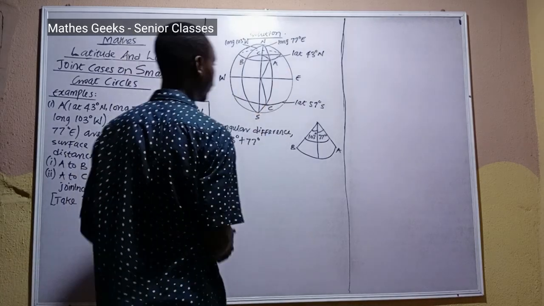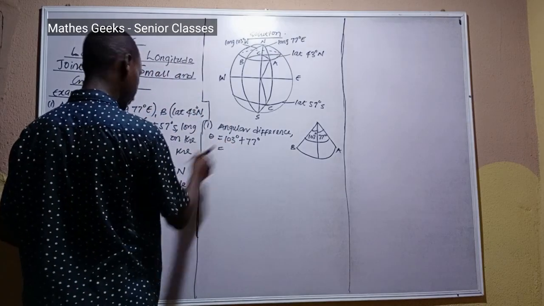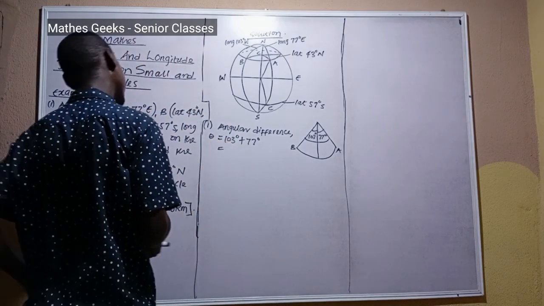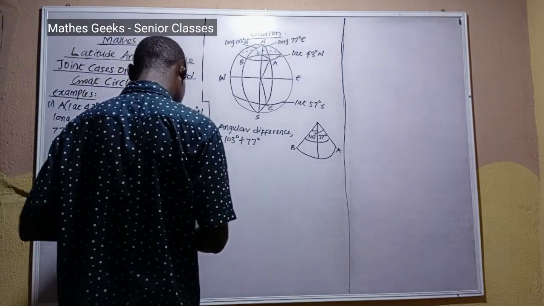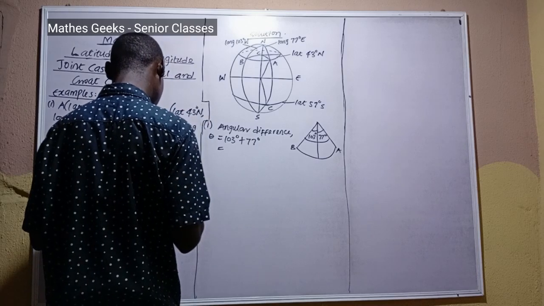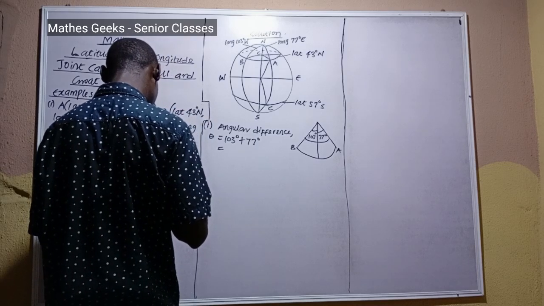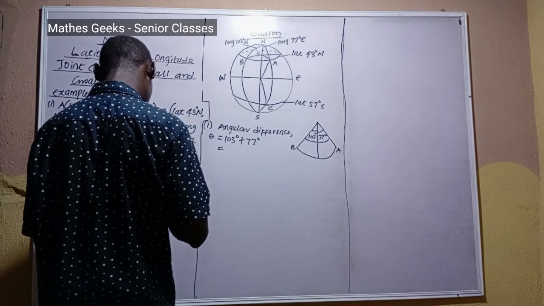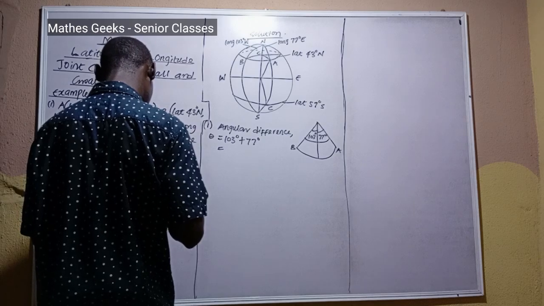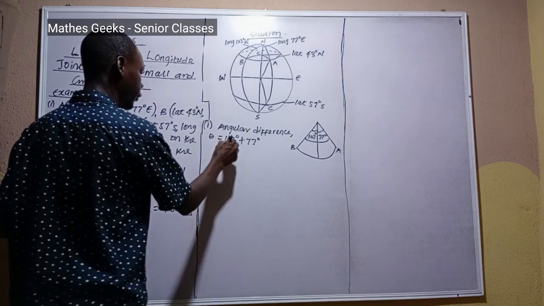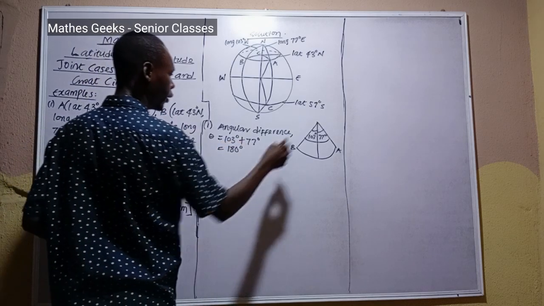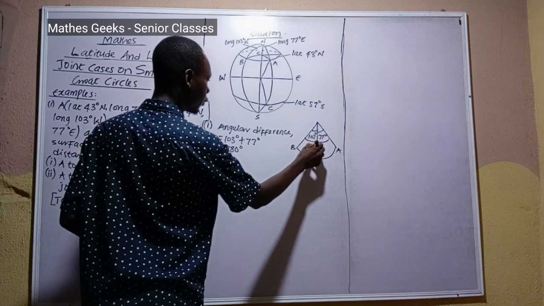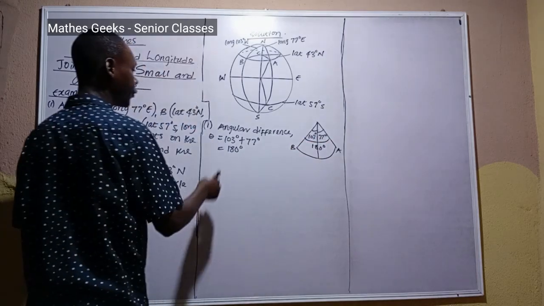Now they are on different sides of the globe, and that will give us 180 degrees. So the total angle is 180 degrees.